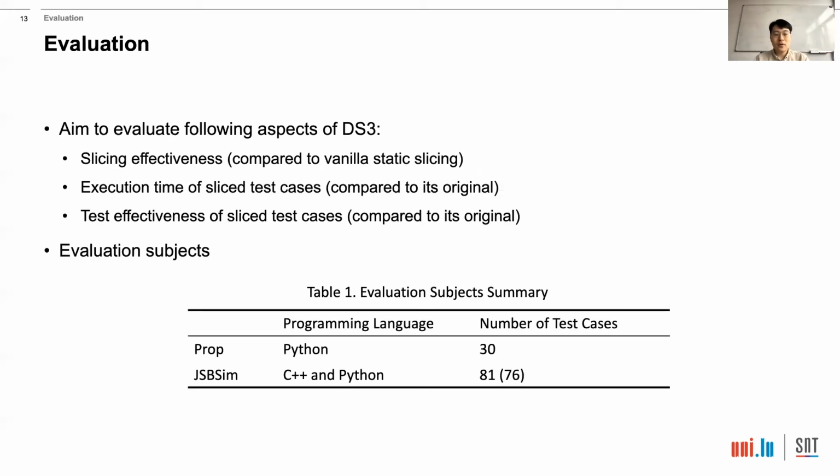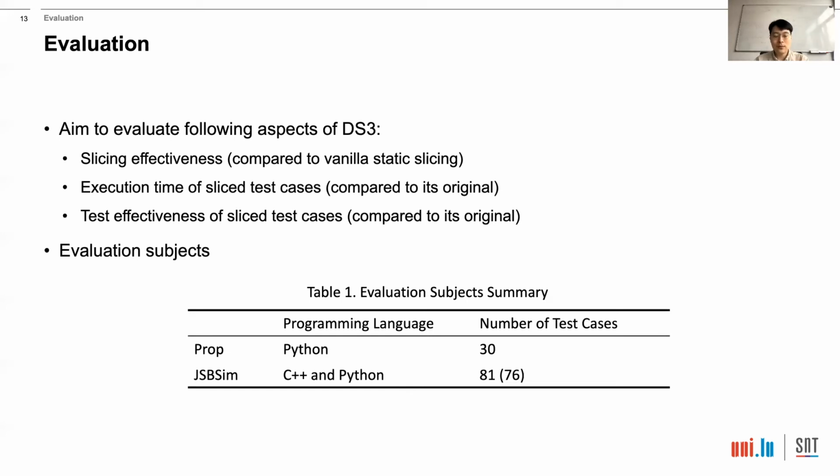Now I'm going to talk about the evaluation. We aim to evaluate the following three aspects of DS3. First, slicing effectiveness. Second, execution time of the sliced test cases. And third, test effectiveness of the sliced test cases. As evaluation subjects, we use two different data sets.